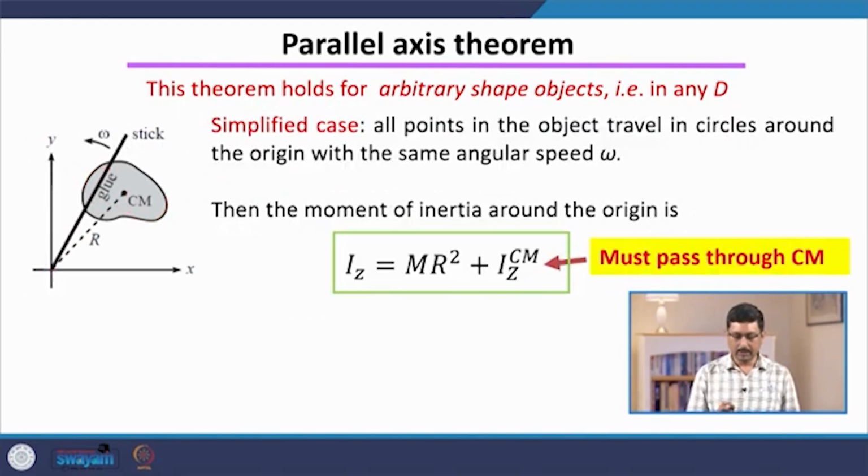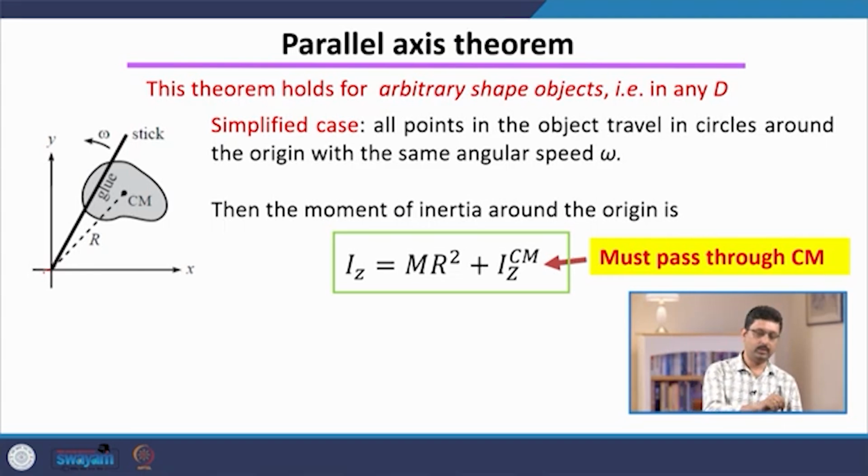Now, in this particular case we have two choices for the axis of rotation. Let us say our axis of rotation is the z axis, which we locate at the pivot point, at the origin.